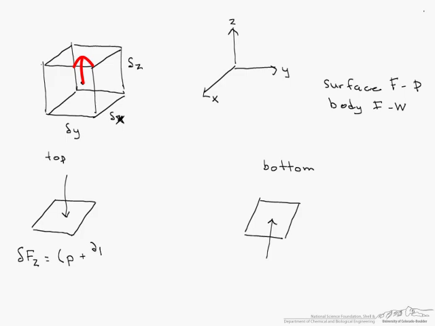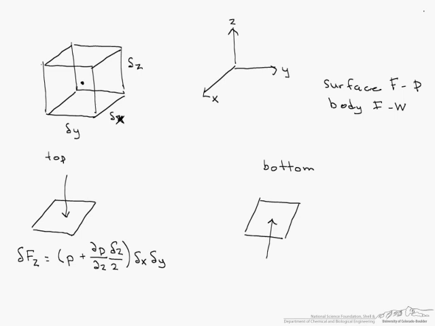We go dp/dz, which is that change in pressure with respect to the z direction. And since we're going halfway up the dz side, we multiply that by dz over 2. And because this is a force, we have to multiply it by the area that this force is acting on.